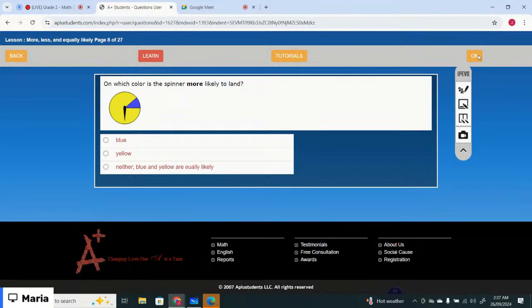It will more likely land on yellow, because the most portion on the spinner is yellow. Option number 2 is the correct option.